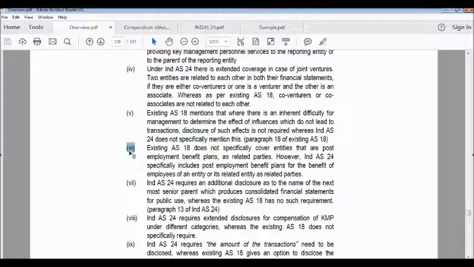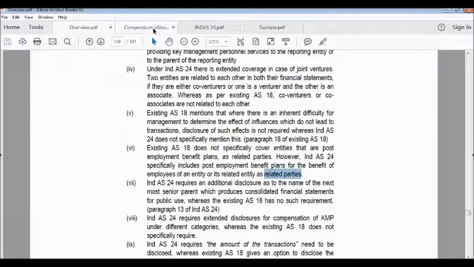Now let's take a look at the next difference, which says existing accounting standard 18 does not especially cover entities that are post-employment benefit plans as related parties. However, Ind AS 24 especially includes post-employment benefit plans for the benefit of the employees of an entity or its related entity as a related party.